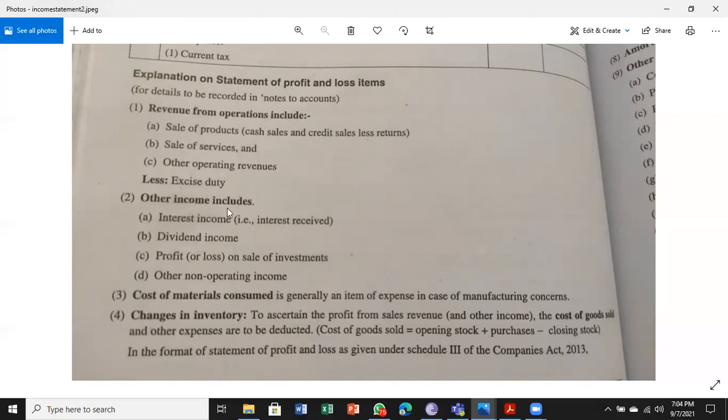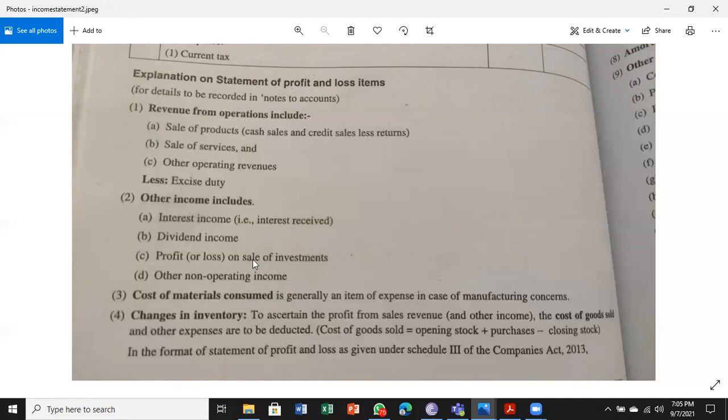Next is other income. Revenue from operation is also like an income. Other than that, the second one is other income. Other than this, the business may receive interest, rent, dividend, profit on sale of assets, fixed assets like land, building, or current assets like investment.